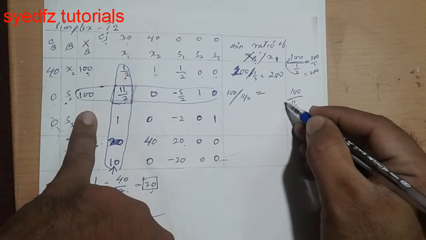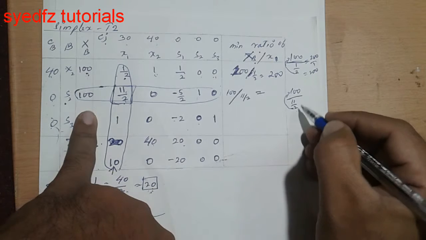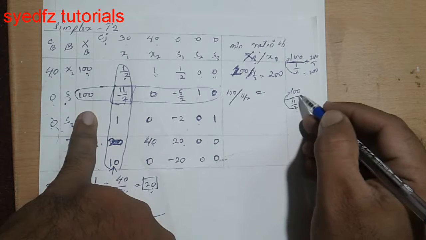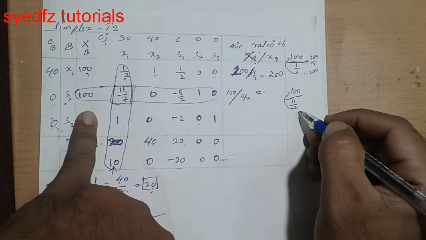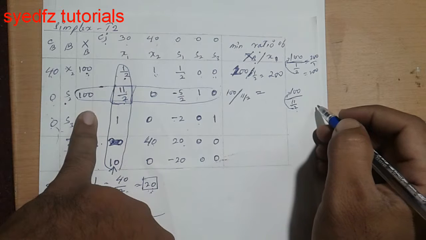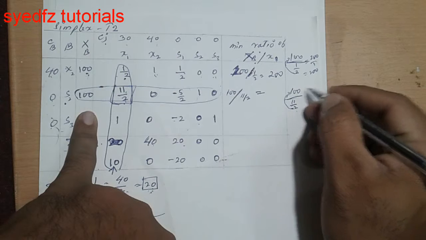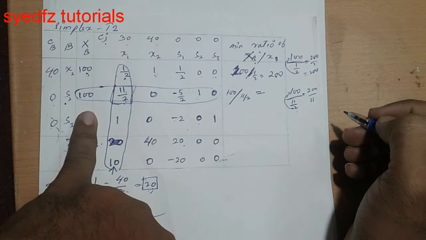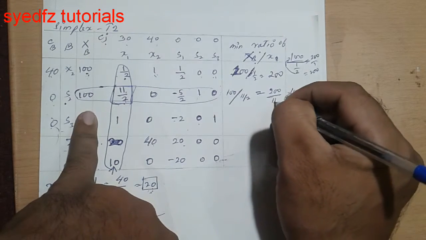Here in the bottom we have only 2, but on top it is a single 100, that's why we are not dividing. So we are multiplying. 2 into 100 means 200 divided by 11. The 11 should remain. So the answer is 200 divided by 11.